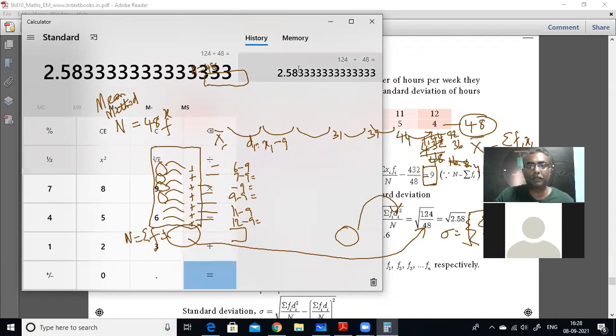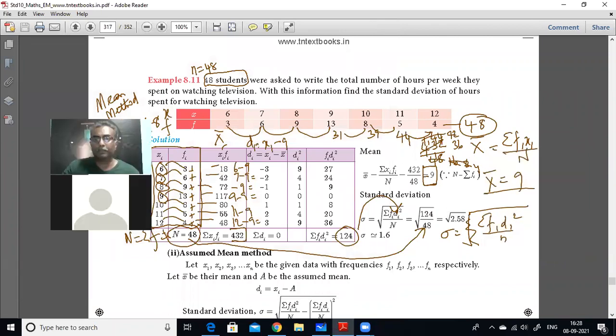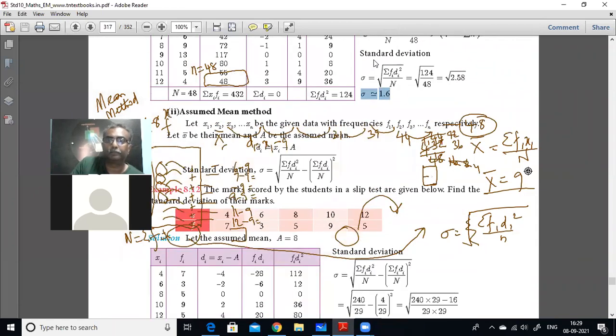So that 3 you have to drop off. So 2.58 is your answer. Then you have to find the root of 2.58. Once you find the root of 2.58, you get 1.6. So the standard deviation is 1.6.